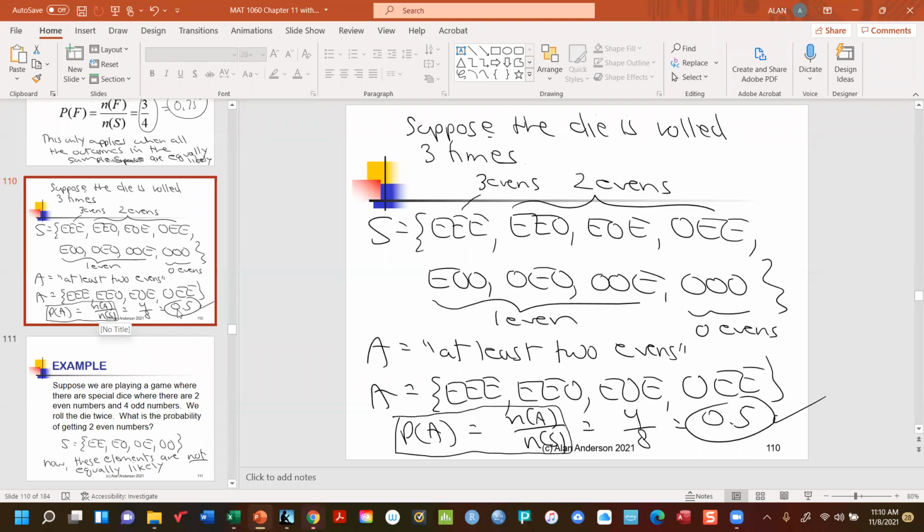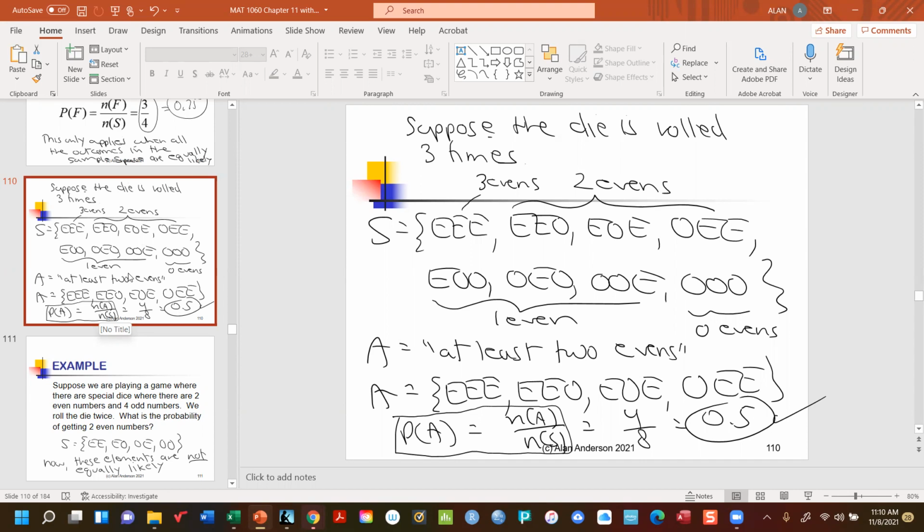So imagine now we define an event. I think this is the same one we had before, wasn't it? Yes. So once again, we're going to use F to represent at most one even turns up.